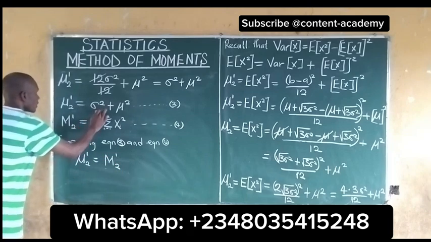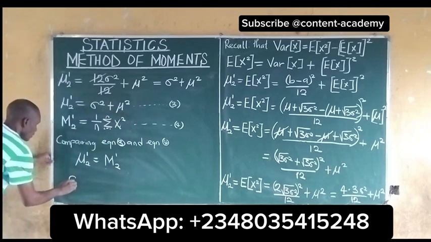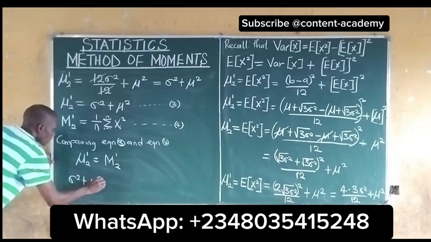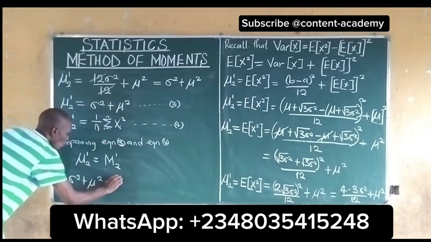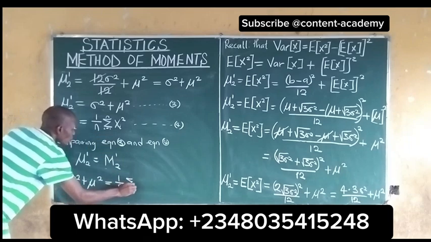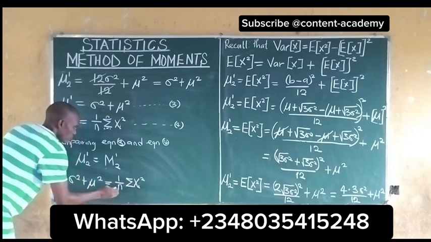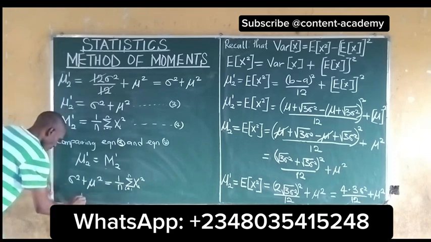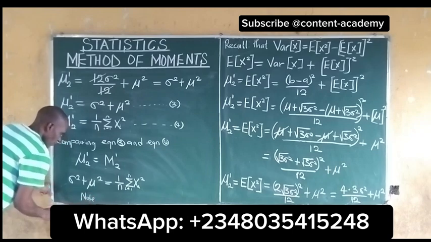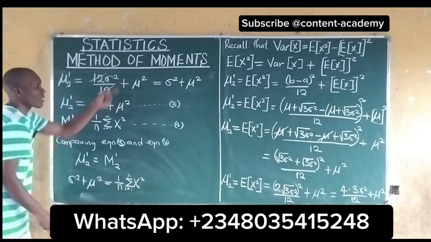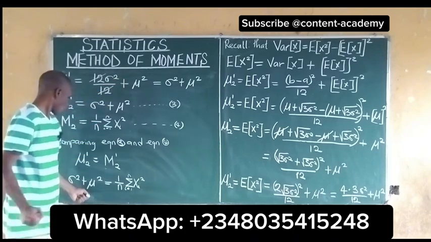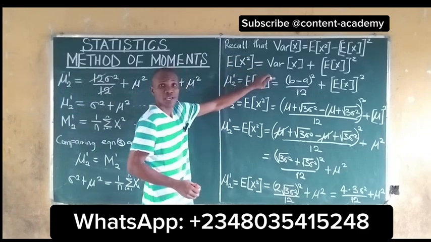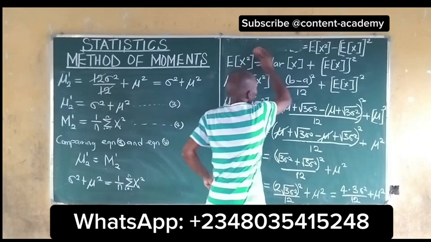So it then means that this, which is sigma squared plus mu squared, is equal to 1 all over n summation of xi squared as i running from 1 to n. Of course, we should note that we move over to this other side of the board. So we are not done computing the variance. We'll move over to this side of the board to compute the variance.